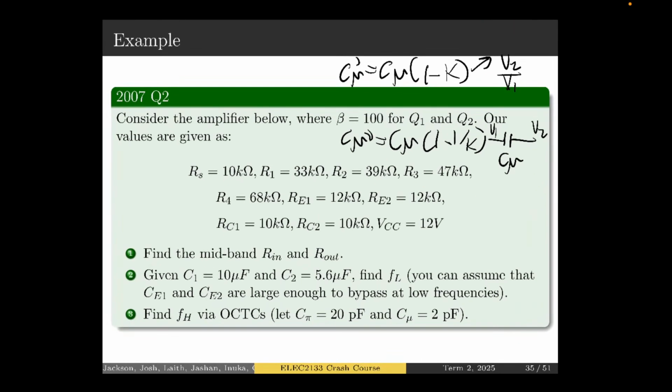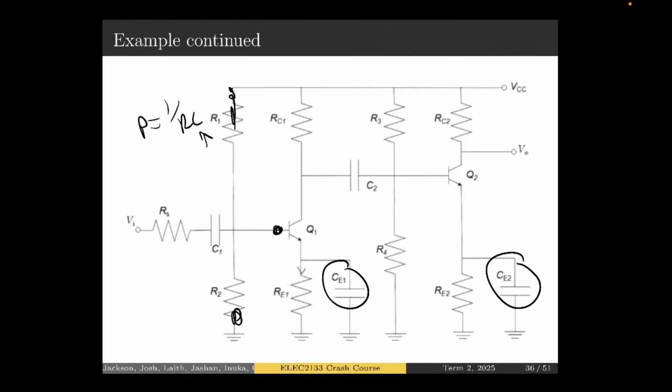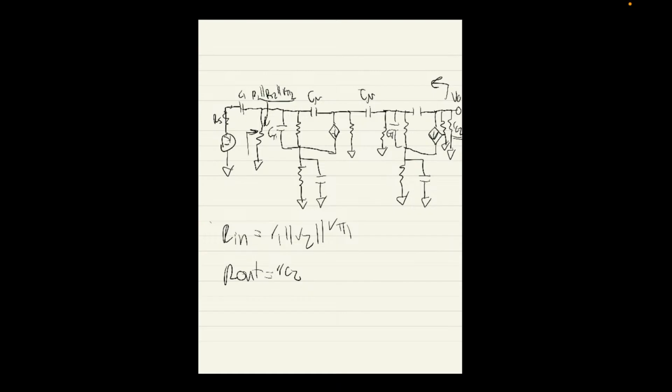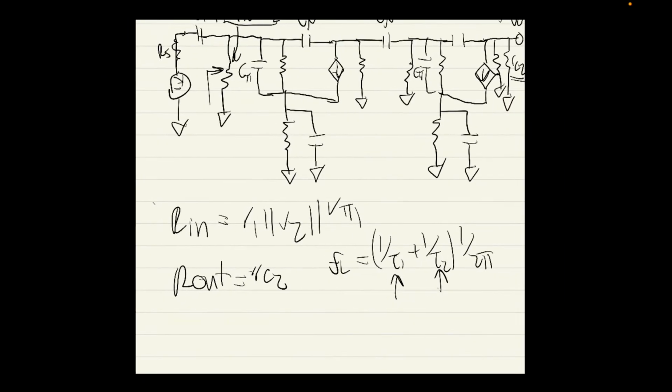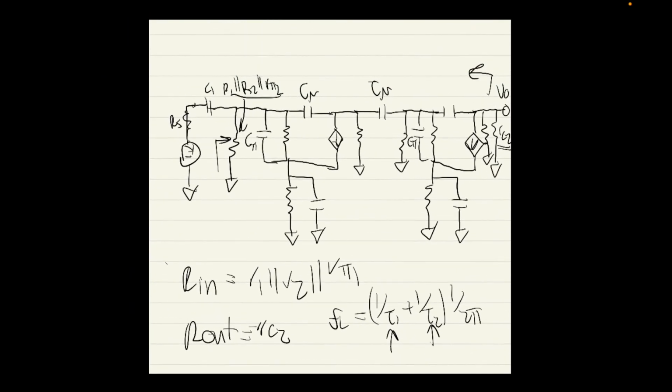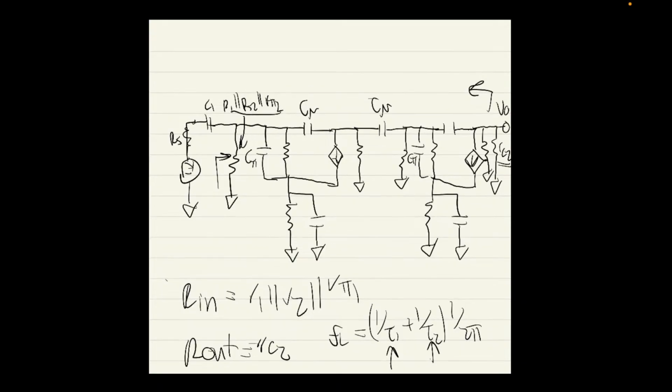The next part was find C1 and find FL and FH. So FL would be 1 on tau 1 plus 1 on tau 2, and then you divide by 2 pi. For tau 1, you would open circuit C pi and C mu.